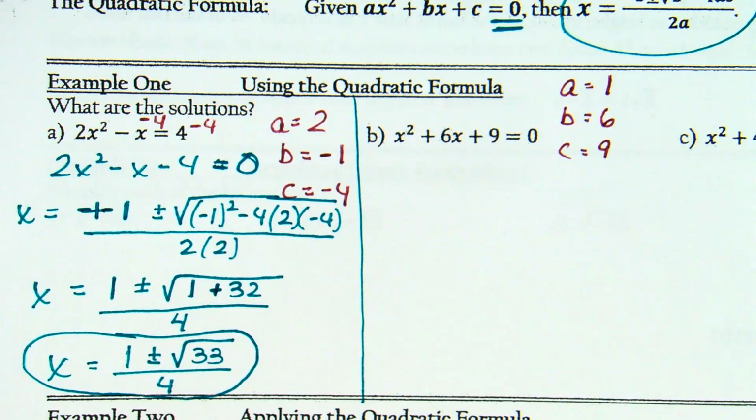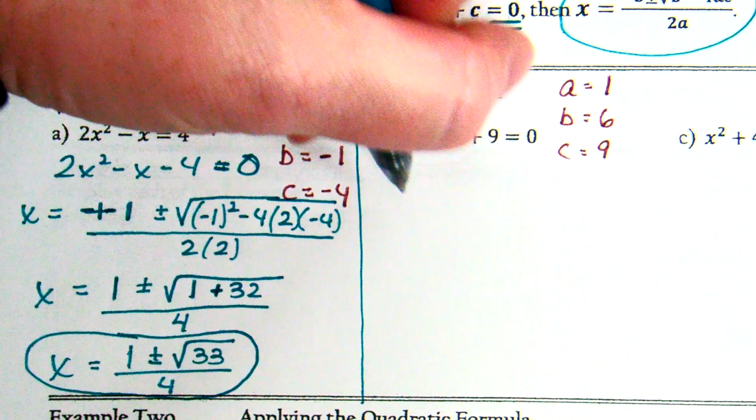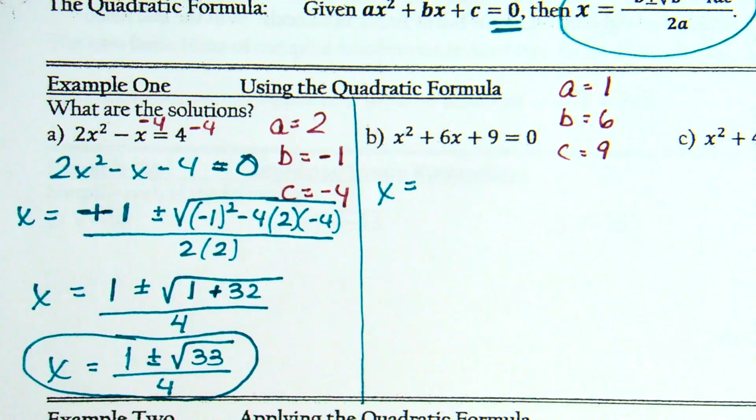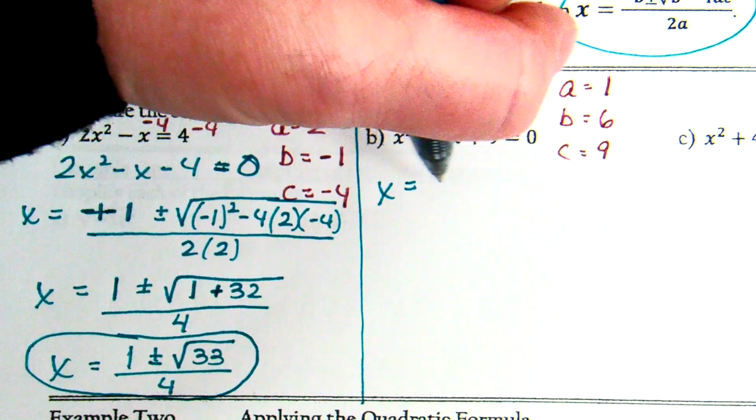Remember your quadratic formula? Negative B. What are you going to tell me? Negative 6. Okay, it was positive 6, so we're going to use negative 6.